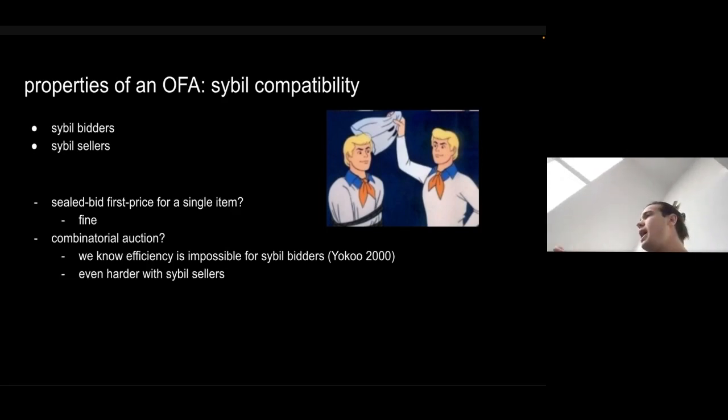But what if we add Sybil sellers as well? For example, CowSwap is an interesting example. If I'm a solver, I can submit ahead of time... actually, it's slightly different as well.